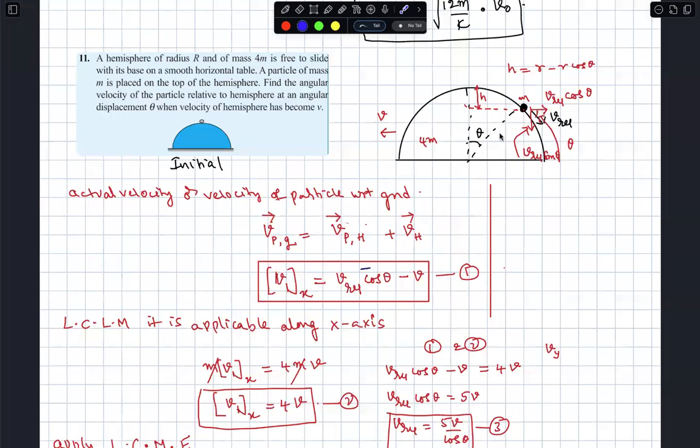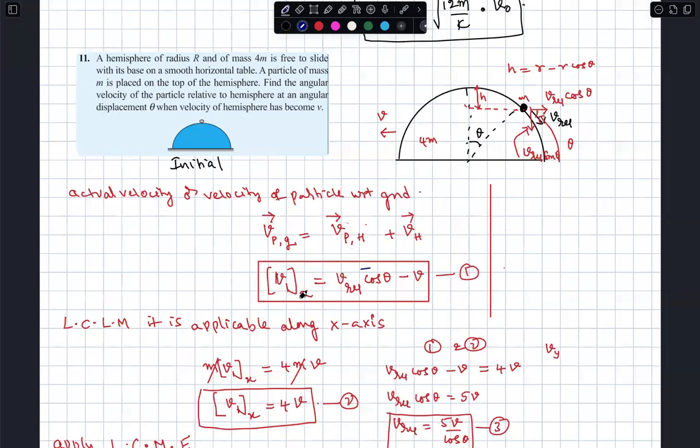Now you want the velocity of the particle with respect to the ground. According to the definition of relative velocity, there are two components here, x and y separately. I am taking only the x component.